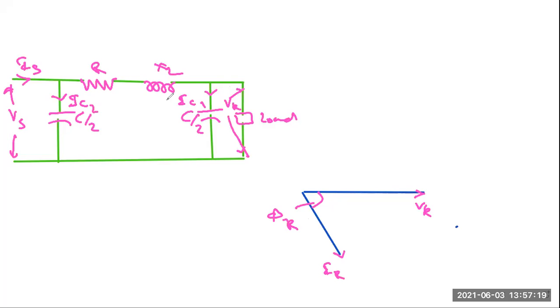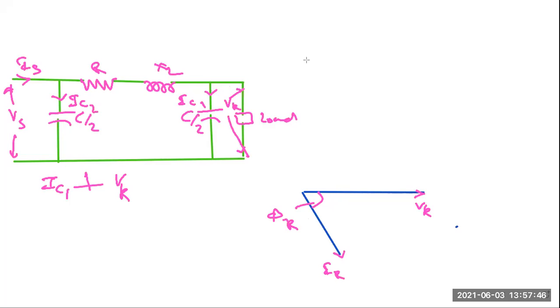Now first you see this IC1 current. It is perpendicular with which parameter? It is perpendicular with VR. VR is this one.